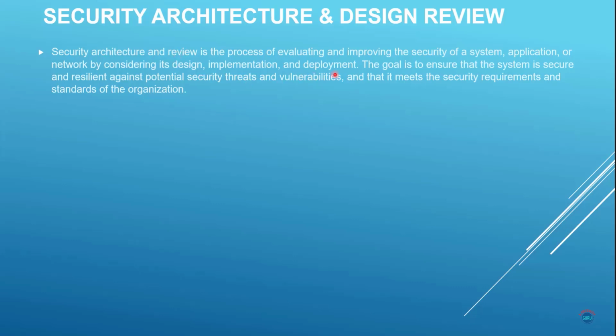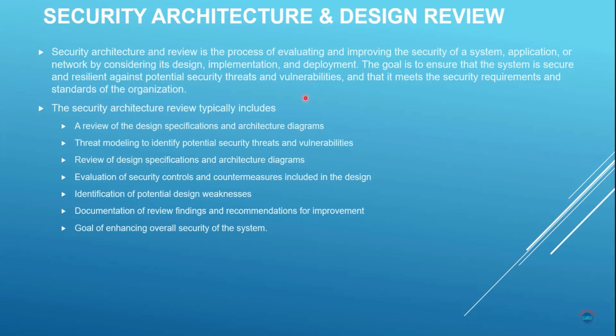Once these processes are reviewed from the security perspective, we are able to identify the possible threats that can cause harm to the system or the application, and we can recommend security controls to safeguard the system against those threats. So the goal of the security architecture and design review process is to make sure that the system or application is secure and resilient against the potential security threats and vulnerabilities.